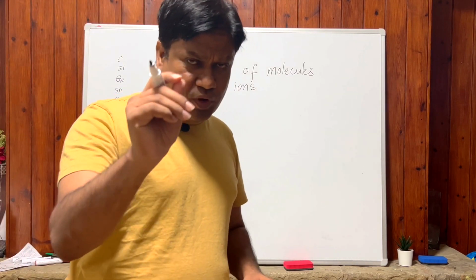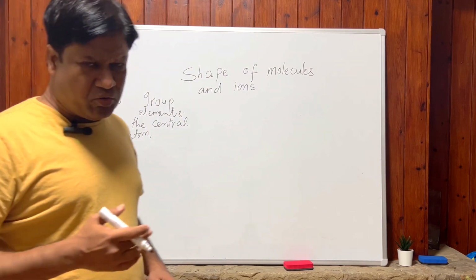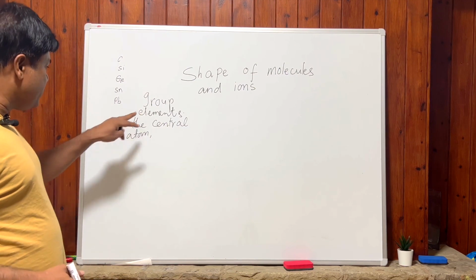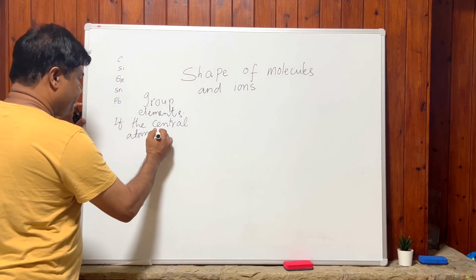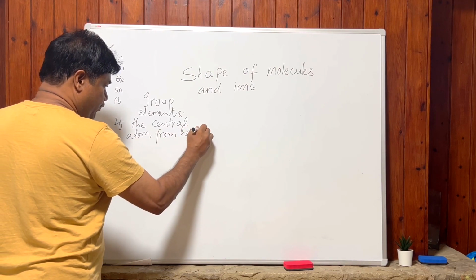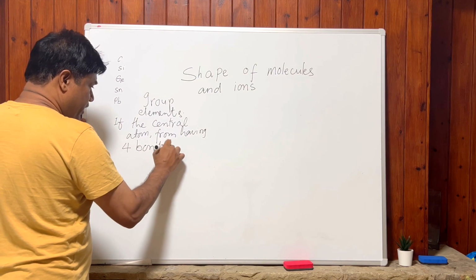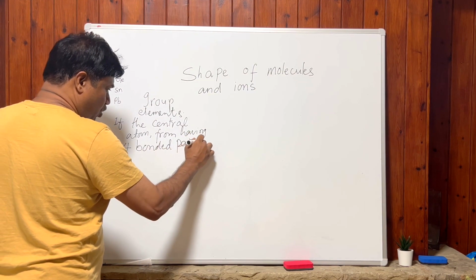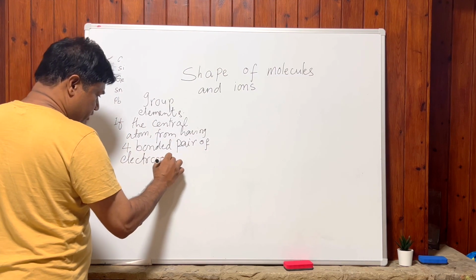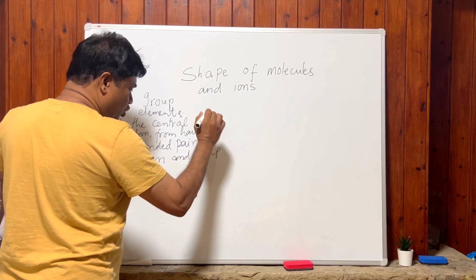The central atom is the one atom having many other monovalent atoms, mostly halogens, around it. So if the central atom is from group 4, having four bonded pairs of electrons and no lone pair, no LP.